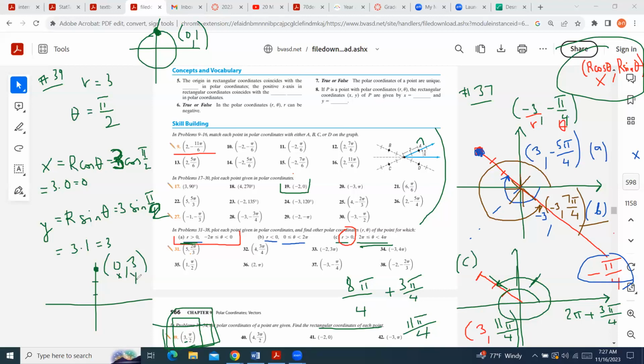It's worth noticing that if you have angle pi over 2, which is a 90 degree angle, and then you go 3 steps from your pole in that same direction, you end up at that same place. So I got the answer.